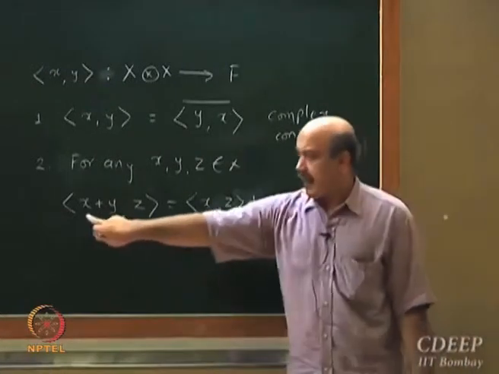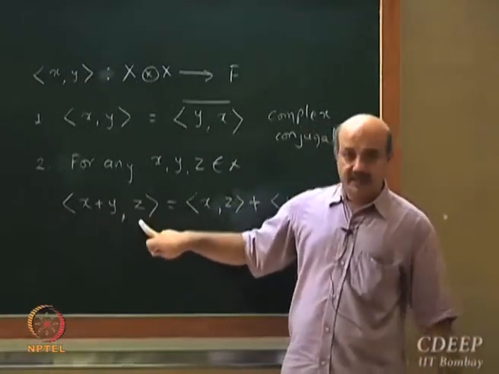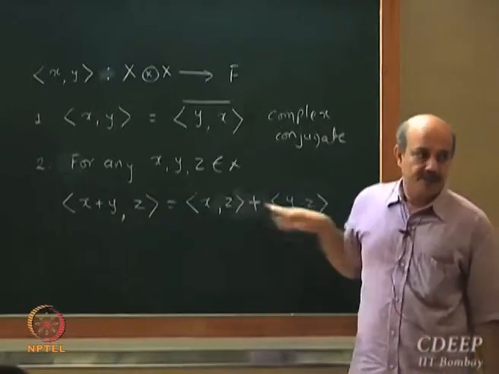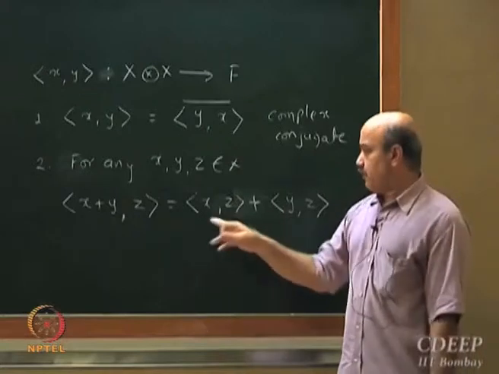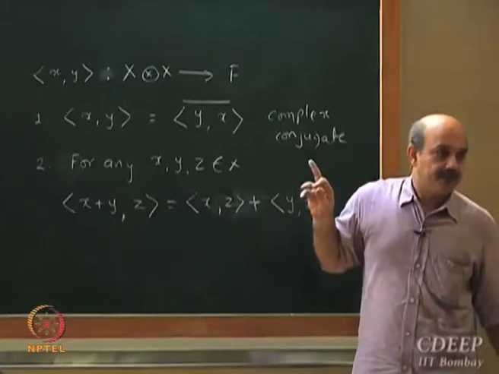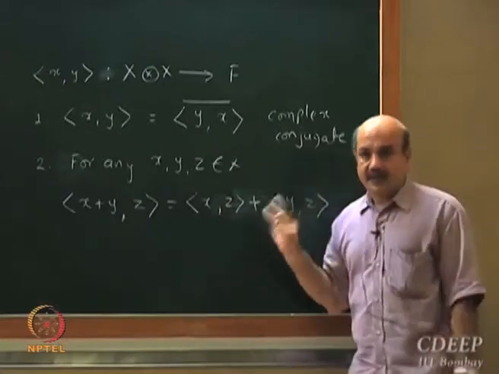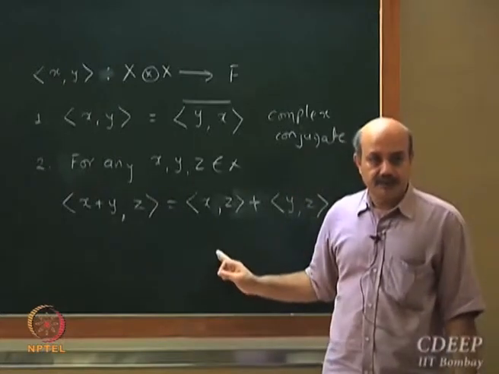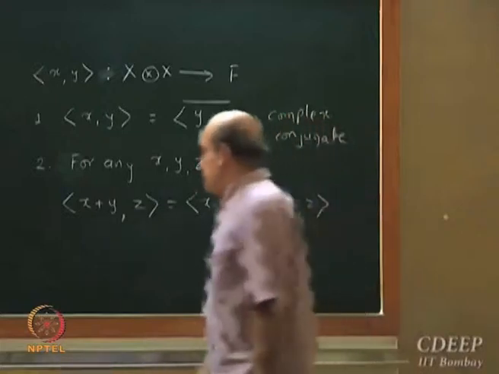So if I take X plus Y and take the inner product with Z, then that is the same as adding these 2 inner products, X with Z and Y with Z. That is the second important property of a function to qualify as an inner product.